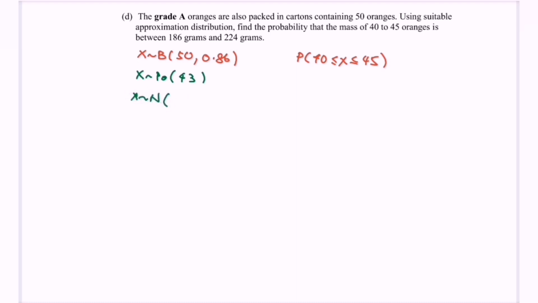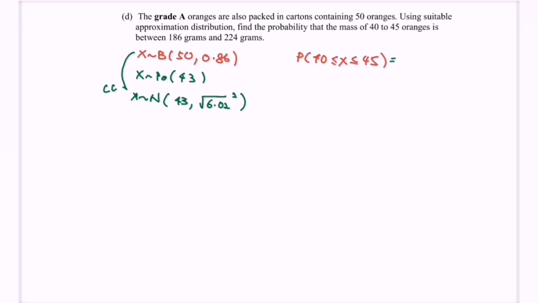If it's a normal, we have mean 43 and then NPQ. We have 50 multiplied by 0.86 multiplied by 0.14, we will have 6.02. So rewrite the situation, square root of 6.02. So that is the standard deviation. Square it for the variance. So do remember continuity correction. So refer to the question, kindly make the continuity correction.